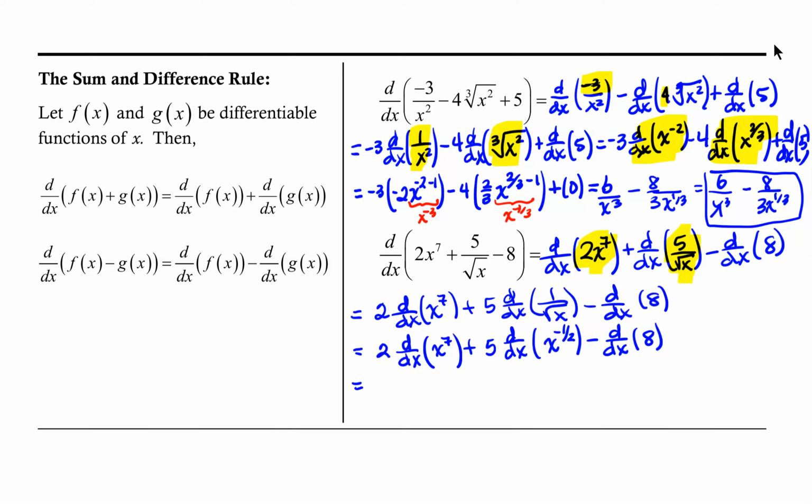So we end up with, taking our derivatives now, 2 times the derivative of x to the 7th using the power rule is 7 times x to the 6 minus 1 power plus, and now the power rule for our next term, 5 times negative 1/2 x to the negative 1/2 minus 1 power minus, and then our derivative of 8 is 0.